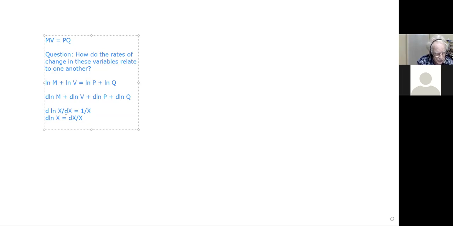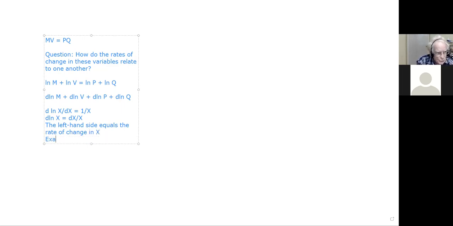In other words, the left-hand side equals the rate of change in x.